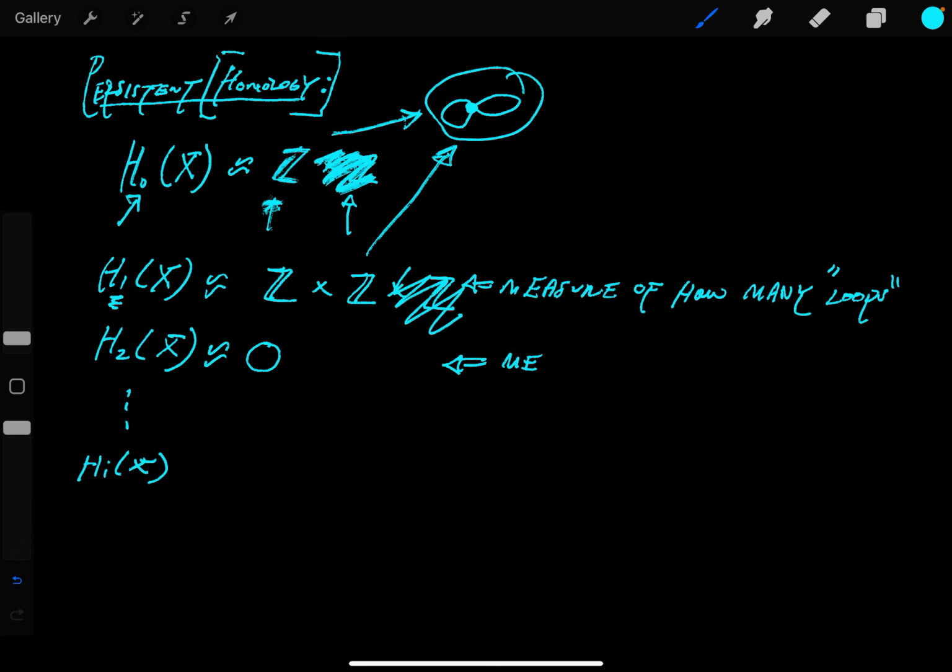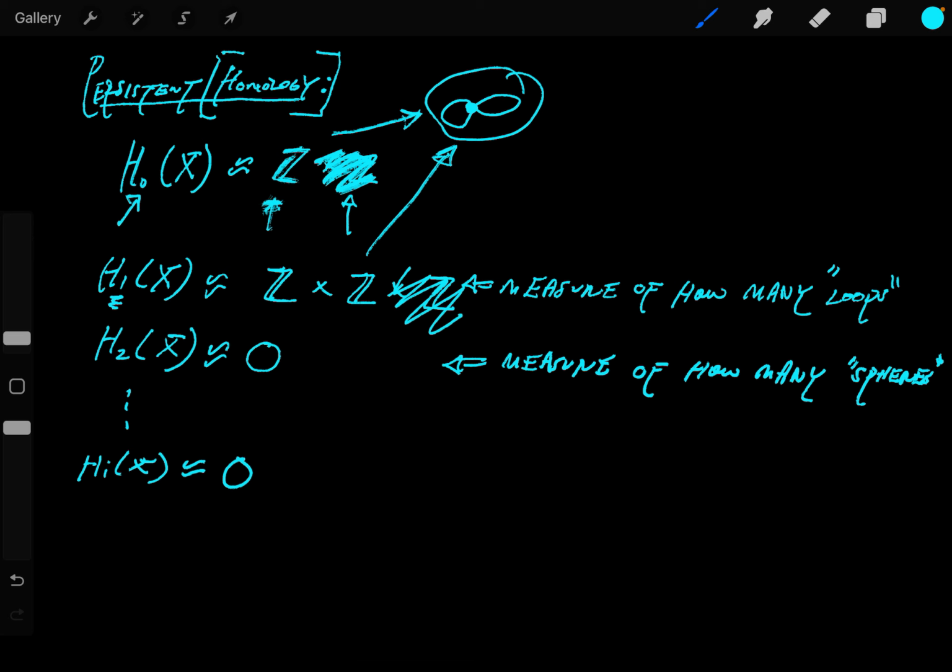So this will be isomorphic to 0, but this is a measure of how many voids or how many spheres, right? And that's the three-dimensional hole, so to speak, and this is like a two-dimensional hole, right? And this is just a measure of connectivity.